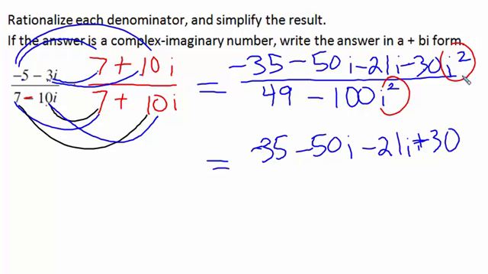So this thing becomes this thing. In the denominator, 49 stays the same. What we really have is minus 100 times -1. So that's going to give you plus 100.